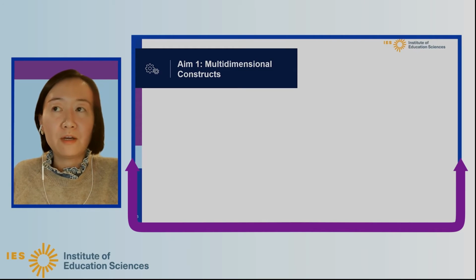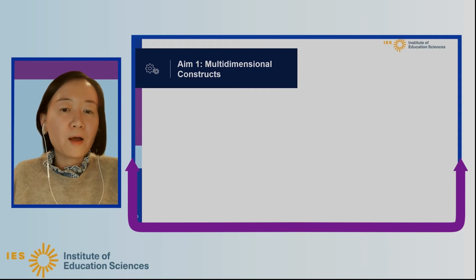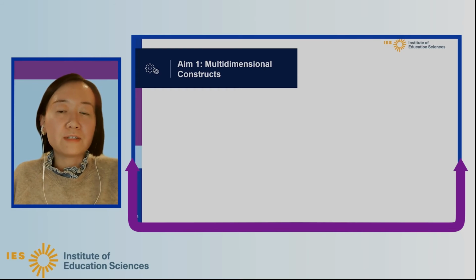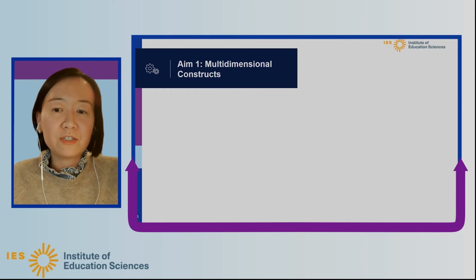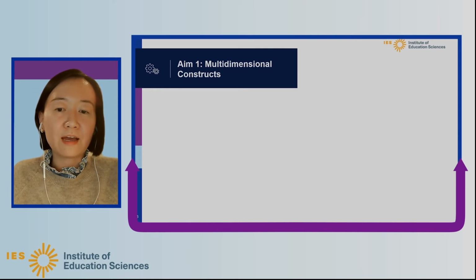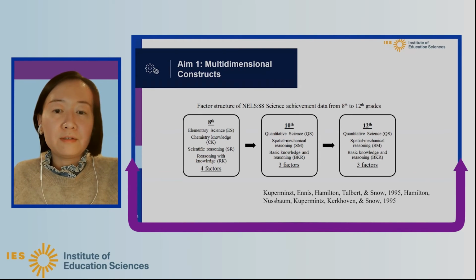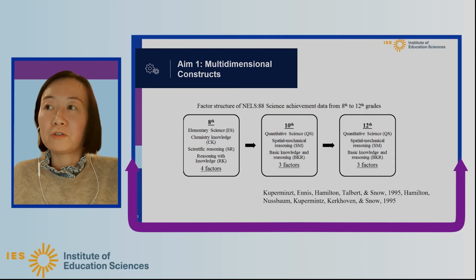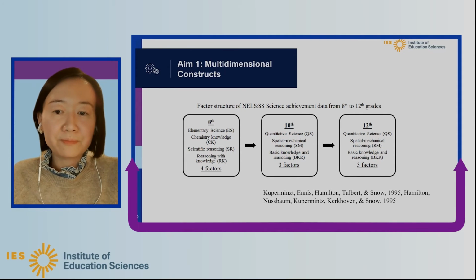educational assessment. For example, cognitive instructional psychology considers science knowledge and mathematical ability both as highly differentiated theoretical constructs that consist of both basic facts and skills, as well as deeper or higher order understanding. Here is an example from the National Educational Longitudinal Survey of 1988.